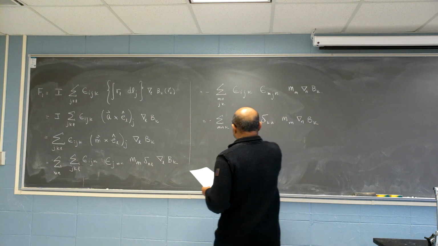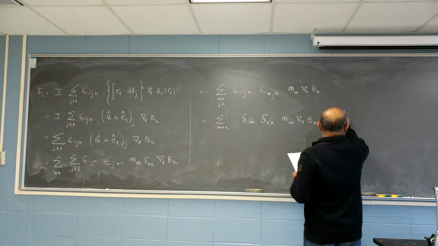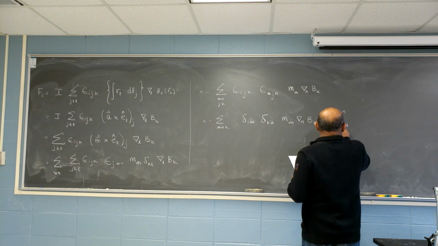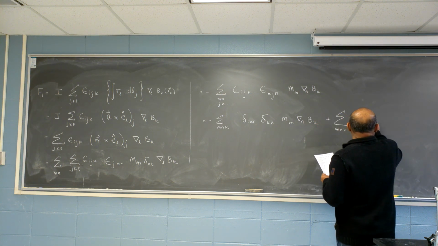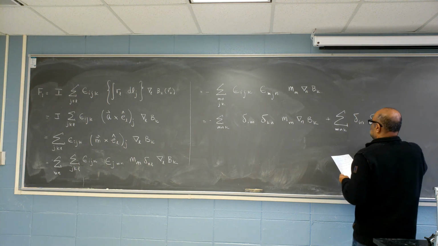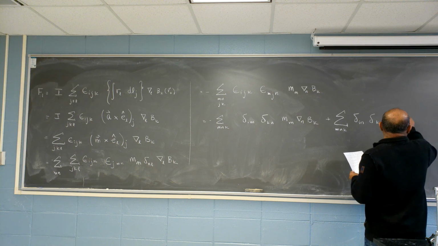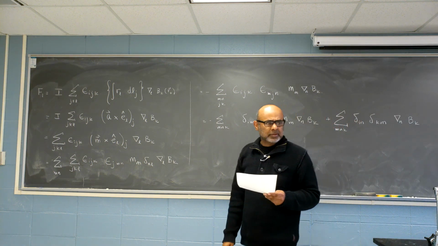The next term is minus, so it kills with that. I would get plus M, N, K, delta I, N, delta K, M, delta N, dk. Are you happy with this?